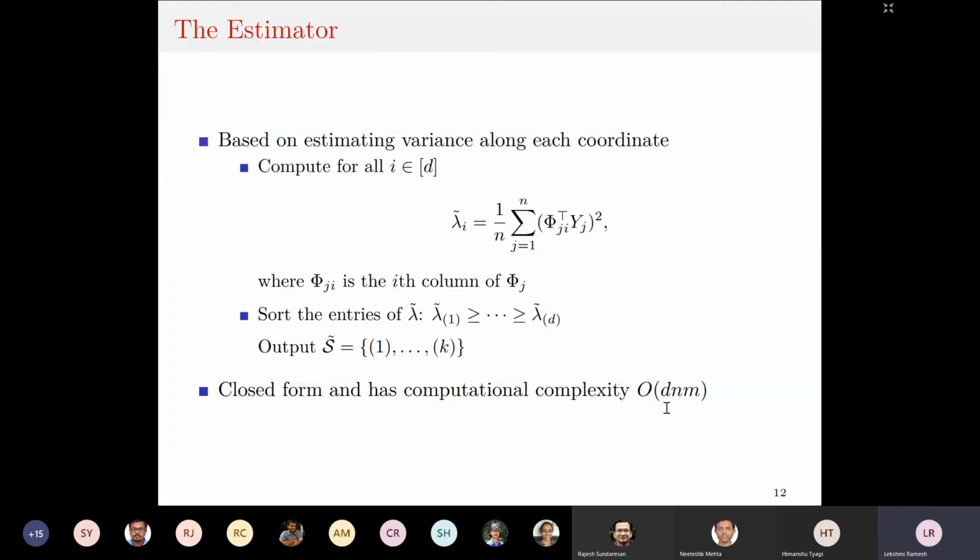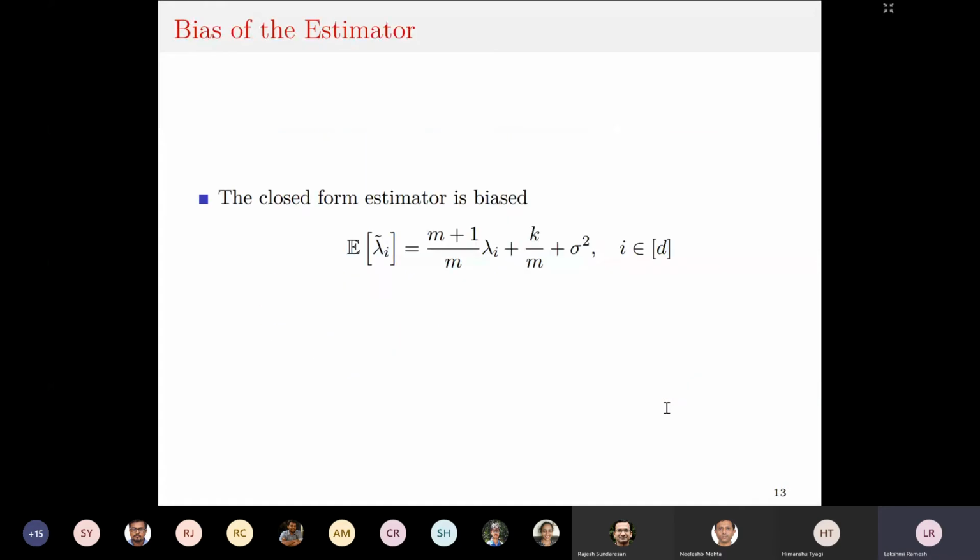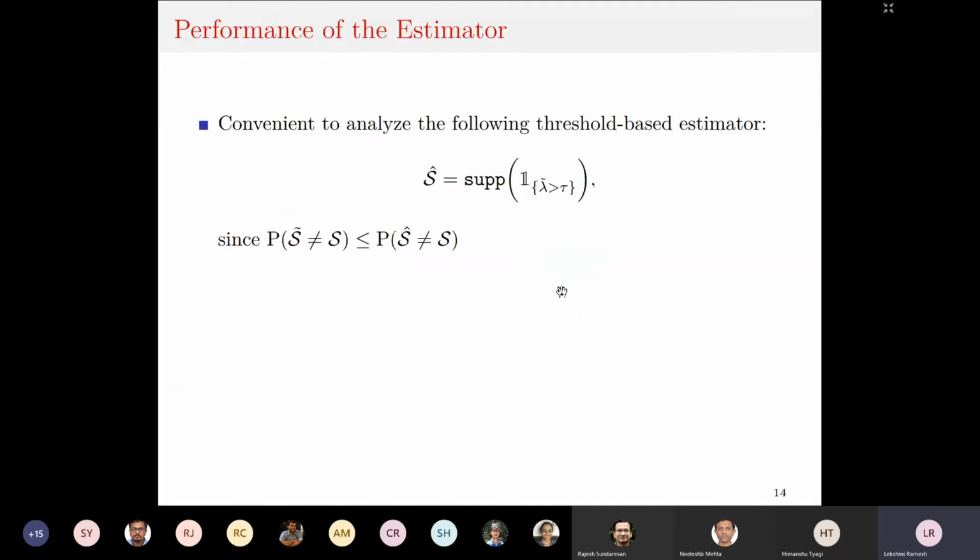This estimator lambda tilde is biased, but since we only do a sorting type of operation on it, it does not affect the estimate. The bias does not come into the picture. In our analysis, we'll use a thresholding based approach, but this bias is not going to affect that either. We analyze a threshold type approach, which is slightly easier to analyze, and its probability of error will be an upper bound on the probability of error of the sorting based estimator.